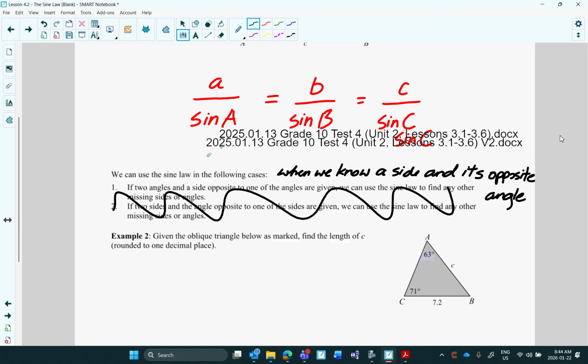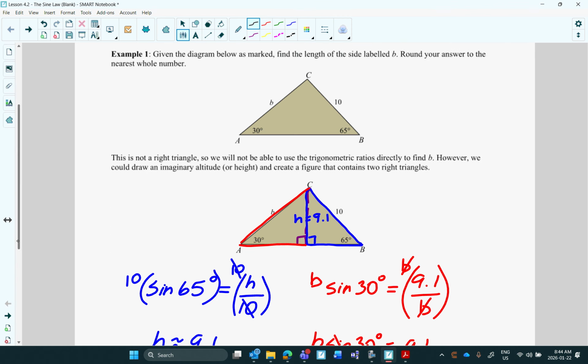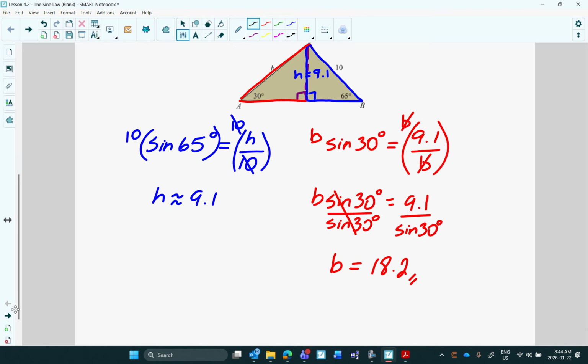So if I went back and did that same question using sine law, I'm going to get the same answer.